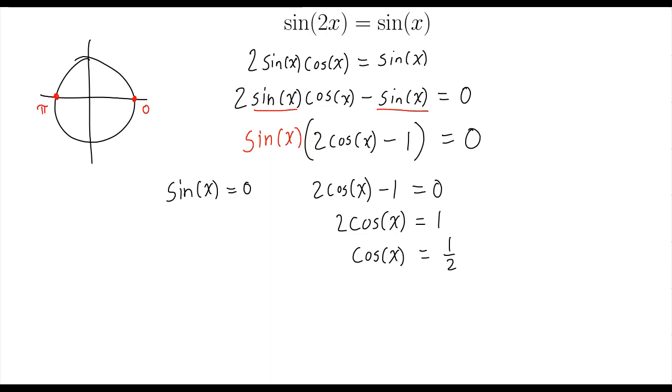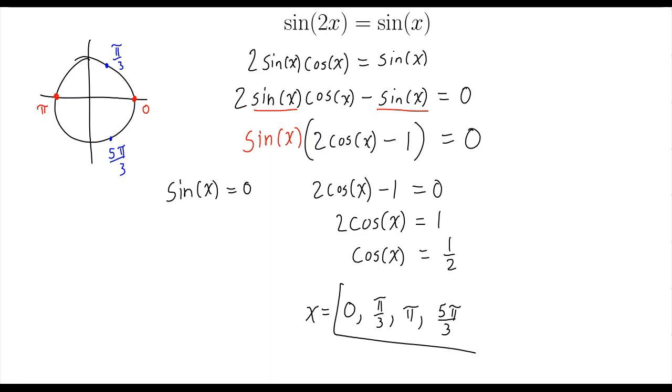Cosine is 1/2 at pi over 3 and 5 pi over 3. Okay, so x equals 0, pi over 3, pi, and 5 pi over 3. And again, I'm not worried about the additional rotations here, so these are just going to be my 4 solutions.